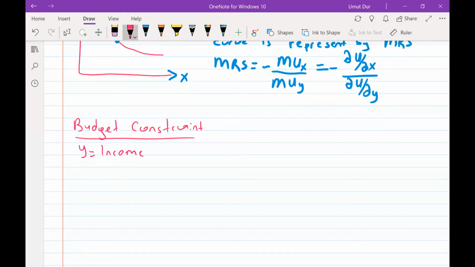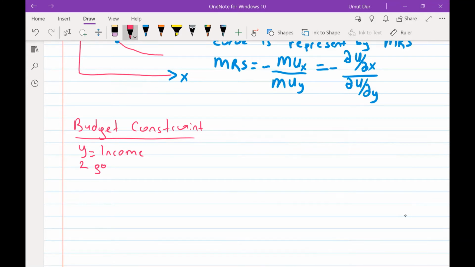Then we started with the budget constraint. For the budget constraint, you are given a fixed income, and given this fixed income, we also have two goods.